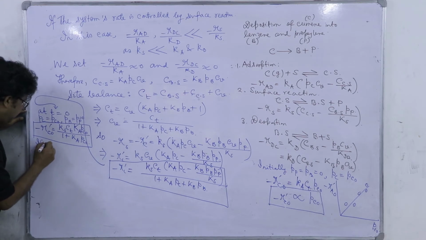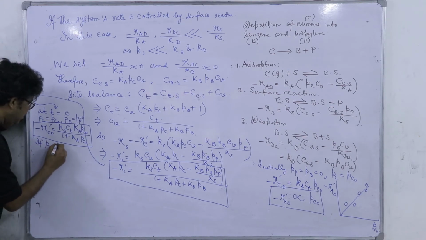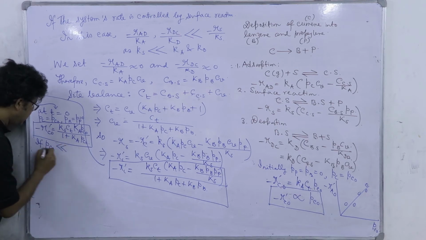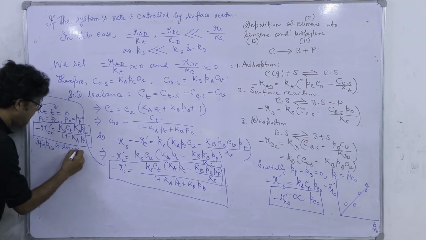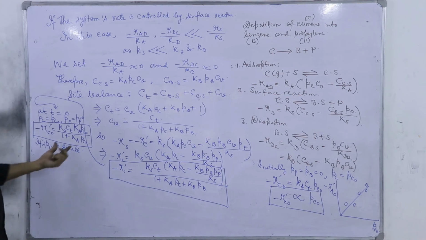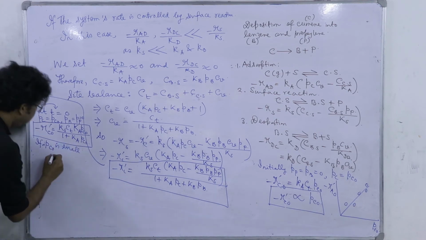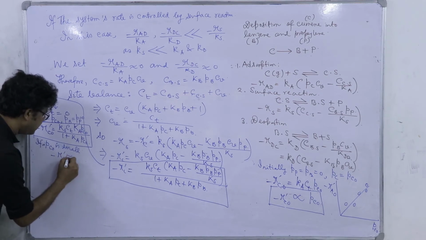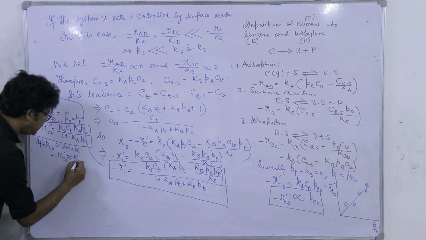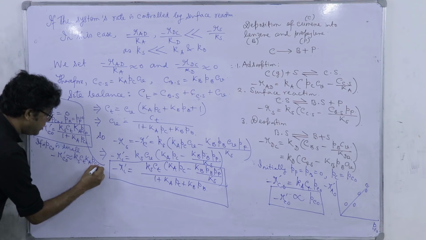Now, if Pc0 is small, right, this term is negligible. So, we have minus of Rc prime nearly equal to Ks Ct Ka Pc0.